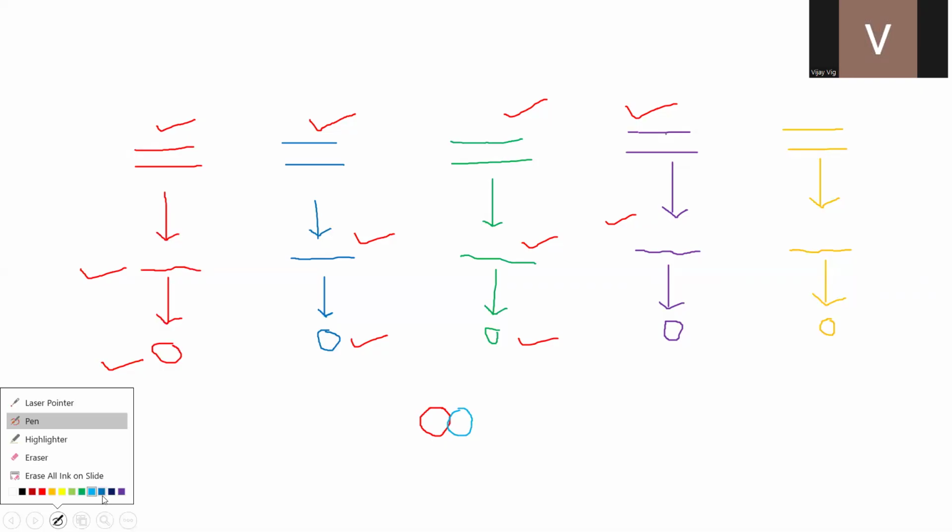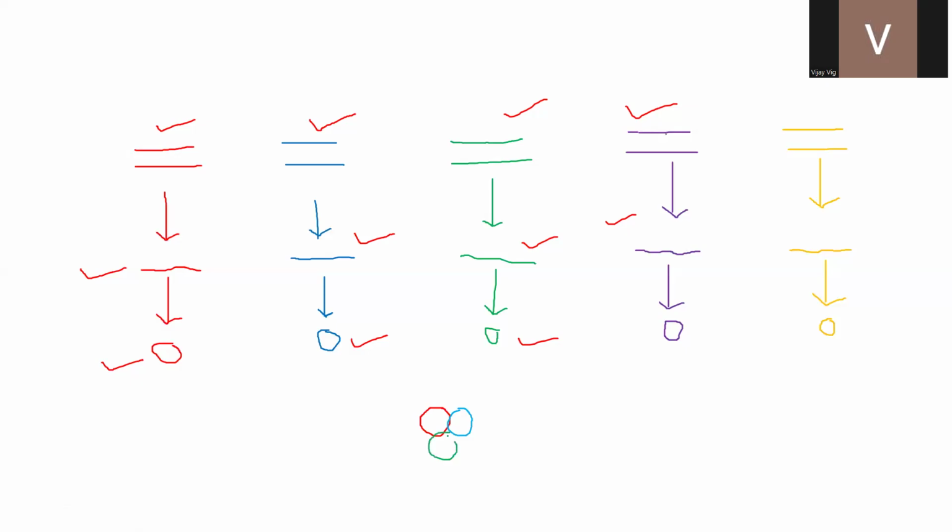Then the polypeptide shown in green also associates. The polypeptide shown in purple also comes and binds, and the polypeptide shown in yellow color also comes and binds, and this becomes the multi-subunit protein or multi-subunit enzyme.